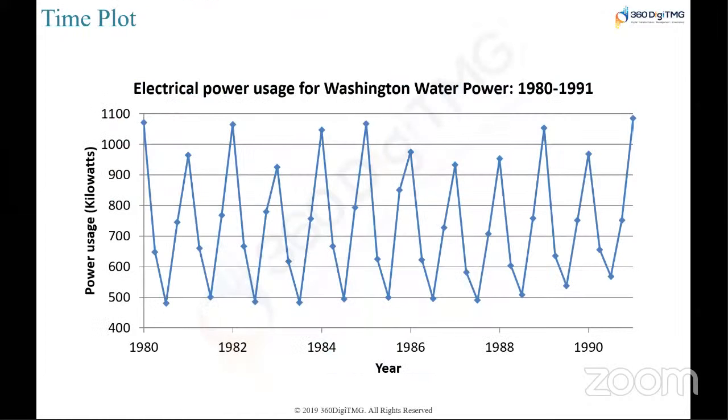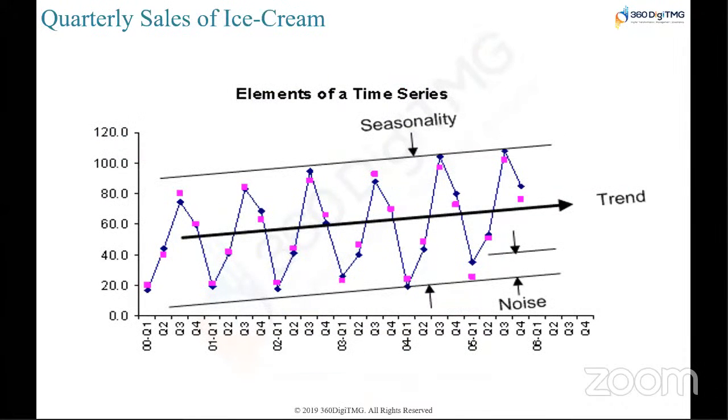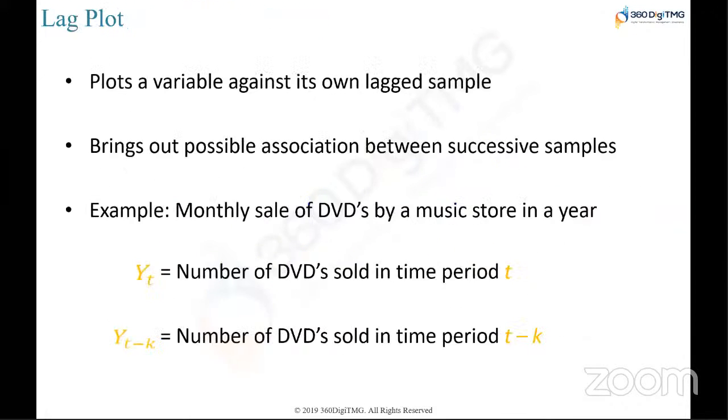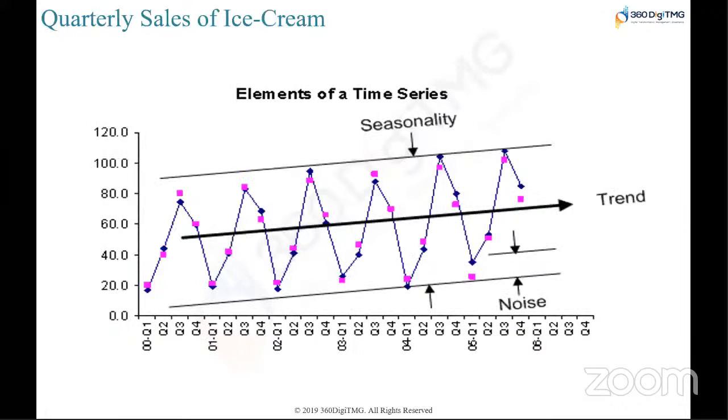But in this particular case, we can definitely be sure that the trend is very much there. And of course, we are also able to identify the noise. Now, this is one of the most popular visualizations, called the time plot.